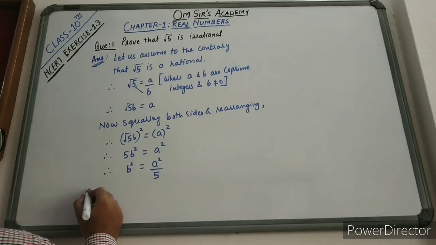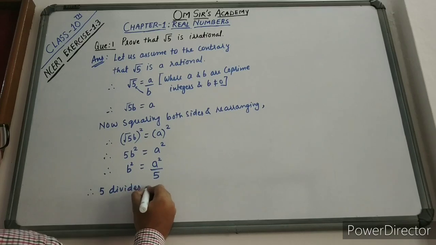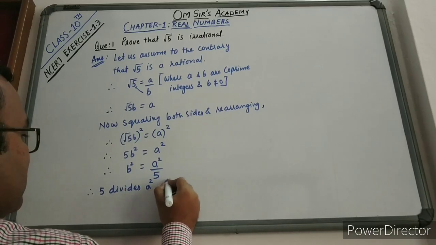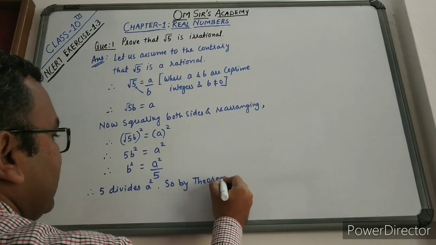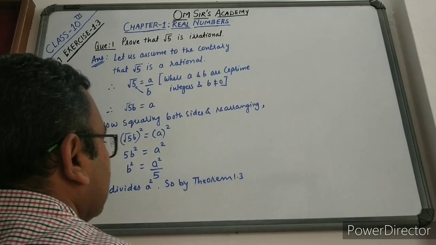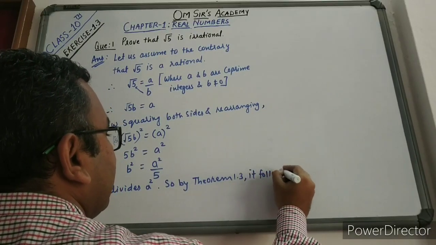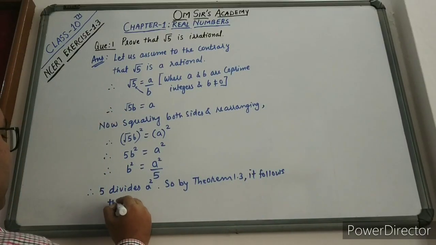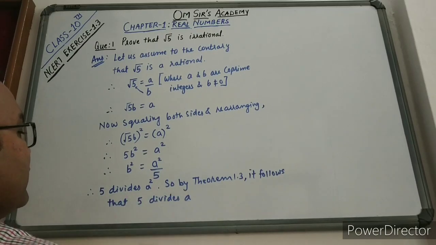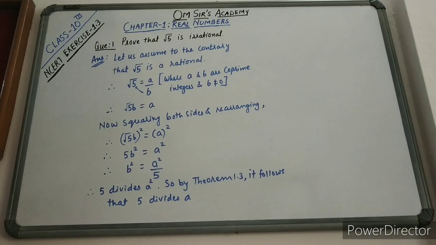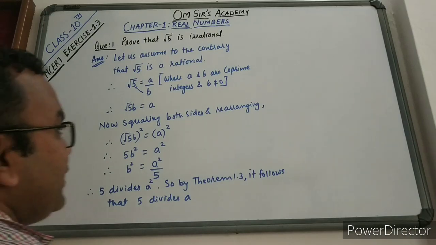So therefore 5 divides a square. So by theorem 1.3 it follows that 5 divides a. ठीक है, तो 5 a square को divide कर रहा है, तो as per theorem 1.3 it follows that 5 also divides a.